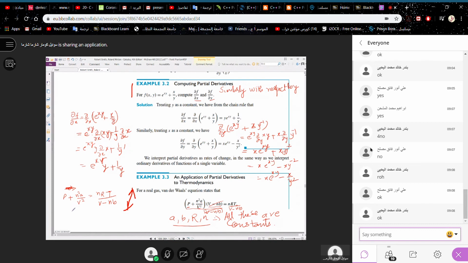So we can write it as P equals nRT upon V minus nb minus n square a upon V square. Now your pressure is in terms of temperature and volume.